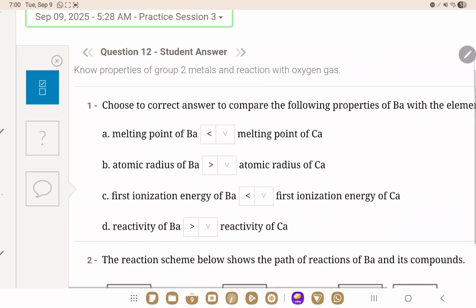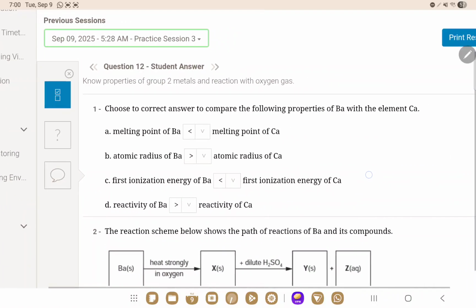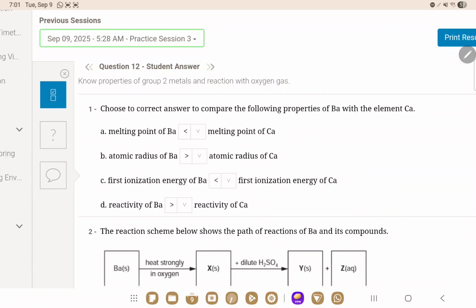Now we need to know the properties of the group 2 metals. I'm going to write down the list of the group 2 metals as they are in the periodic table. First group 2 metal we have is beryllium, then magnesium, then calcium, then Sr, then Ba, then radium.